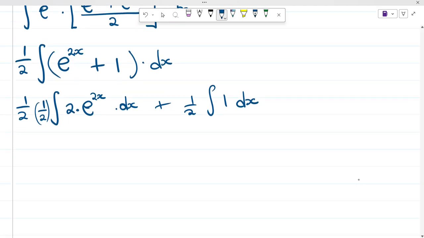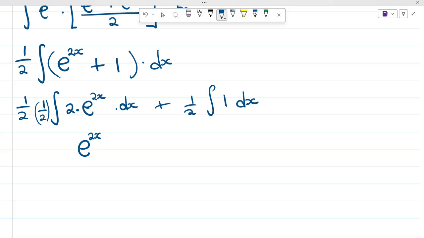So whenever you have an exponential function e and the derivative of the exponent next to it, and you're integrating this thing, then you can conclude that the thing that was differentiated for us to get this was just e to the power 2x.